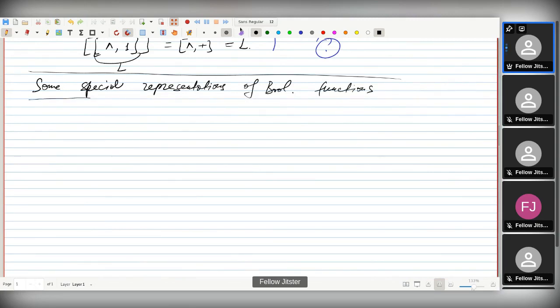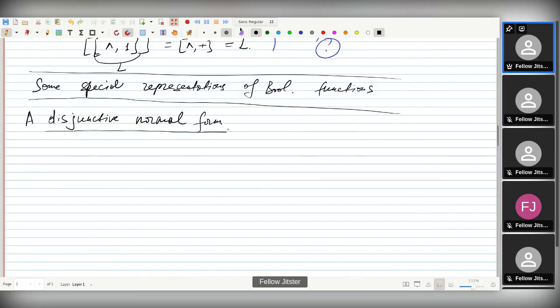You may think of them as circuits of some special form. First of all, this is a DNF, a disjunctive normal form.